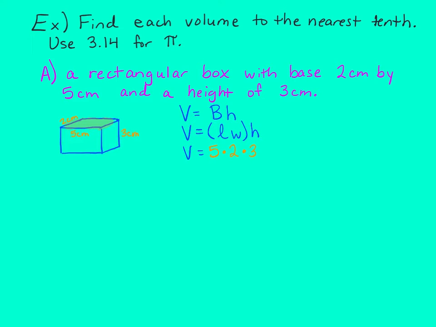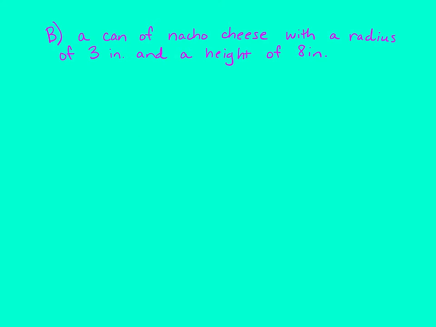We don't have to keep using a parenthesis here since this is all going to be multiplied. And we just multiply and get 5 times 2 is 10, times 3 is 30 cubic centimeters. Because there were 3 dimensions, our volume is going to be measured in cubic units. And we're finished.